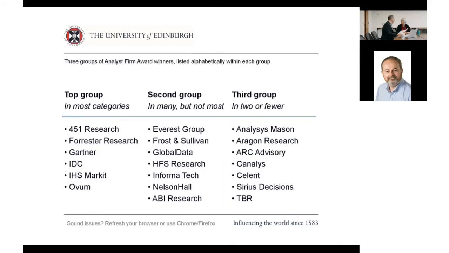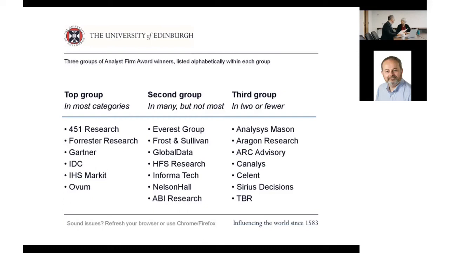So to give a top-level overview of how the different analyst firms are standing, basically there are three main groups of analyst firms, and then of course the very, very large fourth group of firms that didn't make it. Firstly, we have the big full-service analyst firms, which are active in almost all of the coverage areas that we are asking about in the survey.